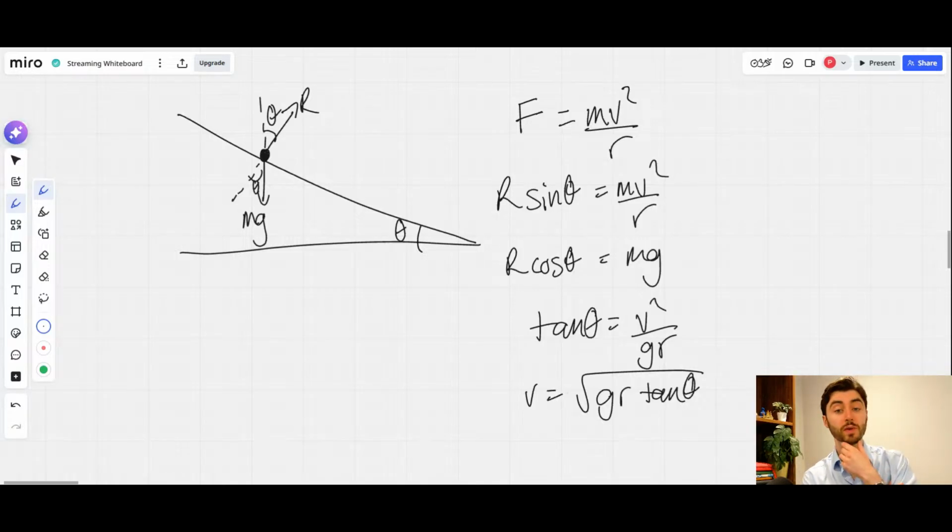What they could also ask, by the way, is what would happen if the speed increases? Which way would friction be acting? Because this is the perfect speed for no friction.